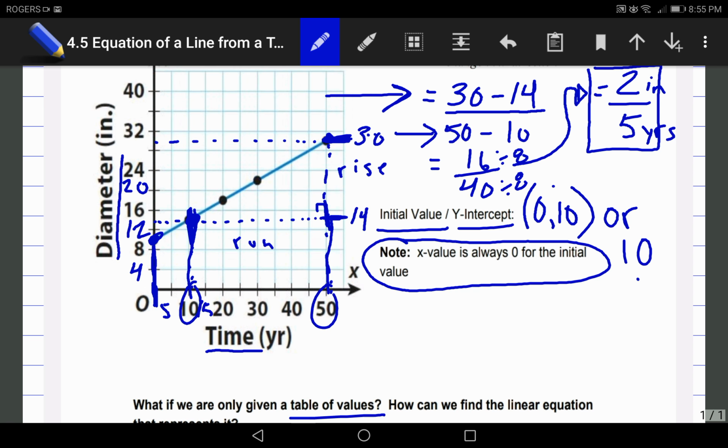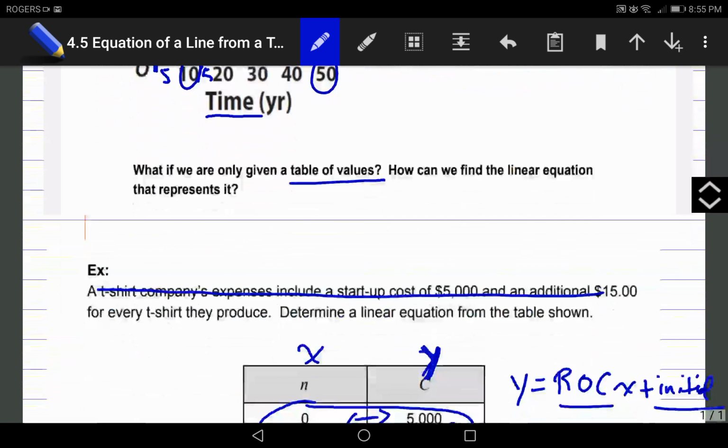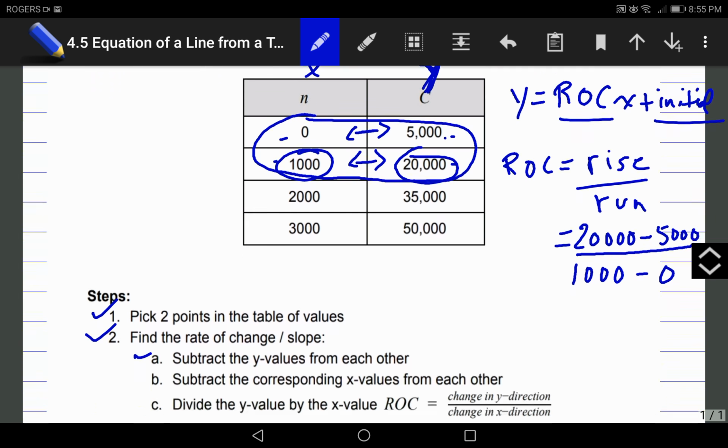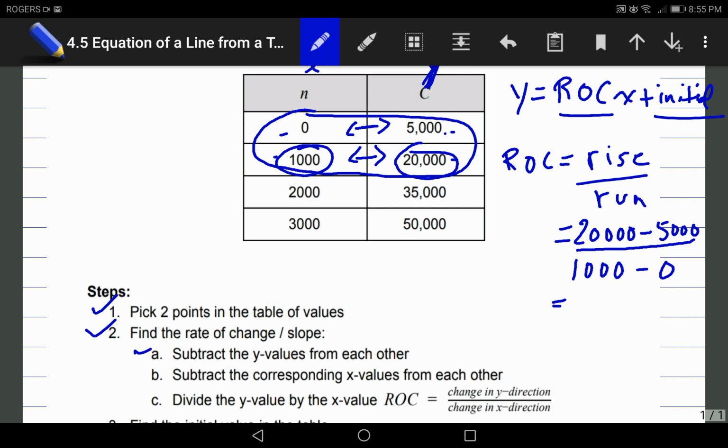We're doing the exact same thing here, except it's going to be 1,000 minus 0. Once again, start with the number that is lower down in the column and subtract the number above it. So you end up getting 15,000 over 1,000.